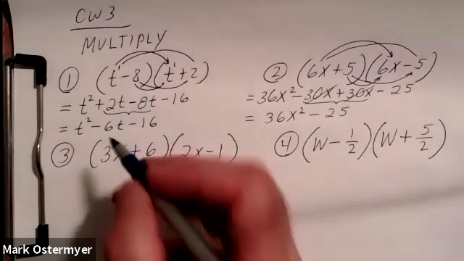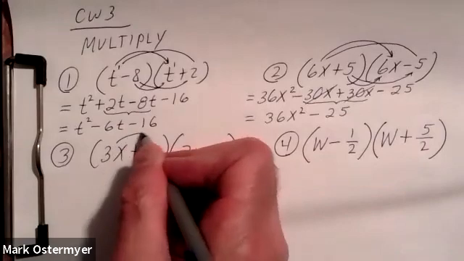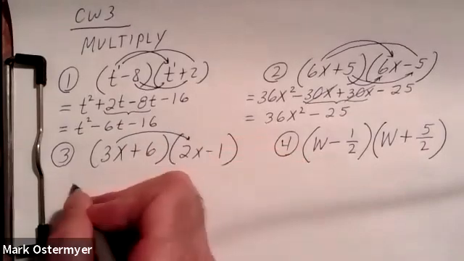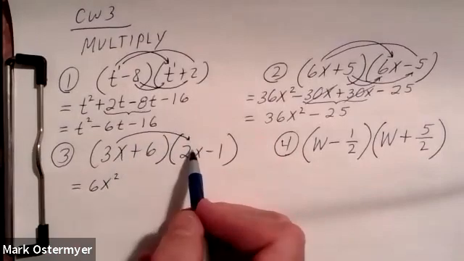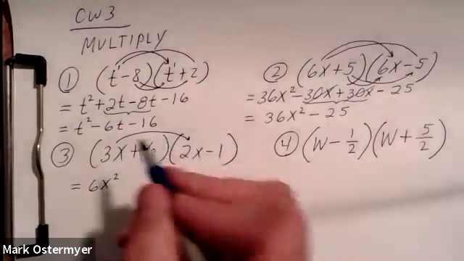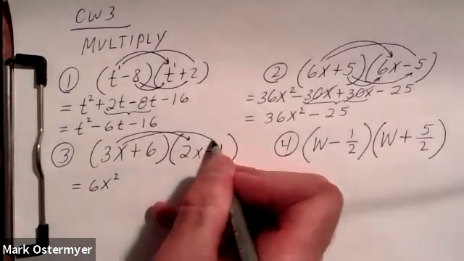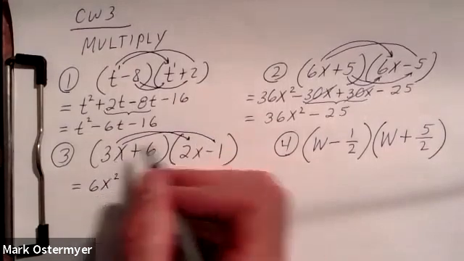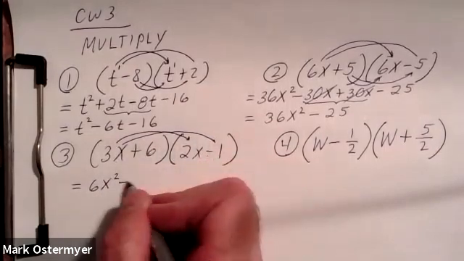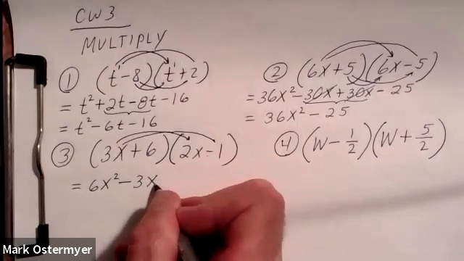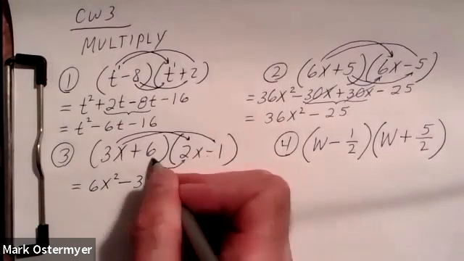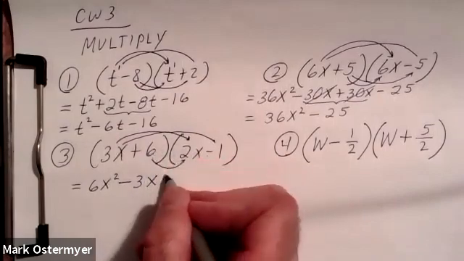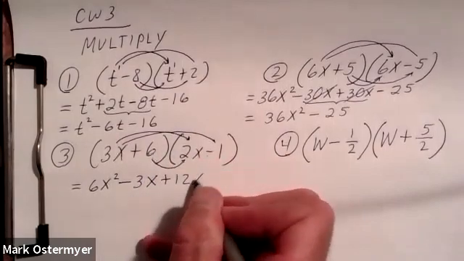All right, let's try this one here. Multiplying the first terms together, 3x times 2x is 6x squared. Don't forget to say x times x is x squared. 3x multiplied by -1 is minus 3x. Multiply the inner terms together, 6 multiplied by 2x is plus 12x.